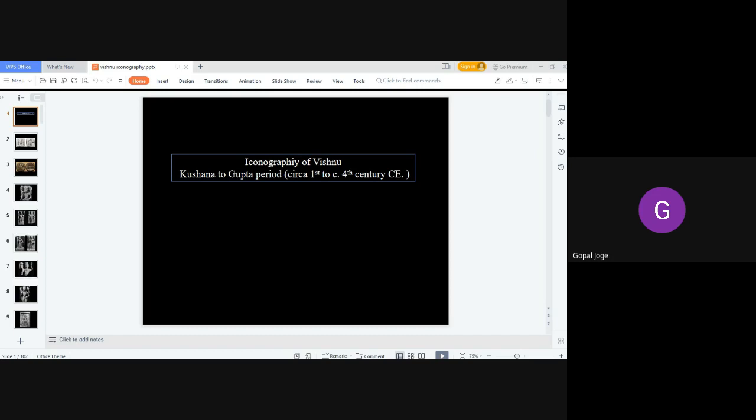Through these inscriptions, we come across the names of the deities who might have been a part of the contemporary worship.